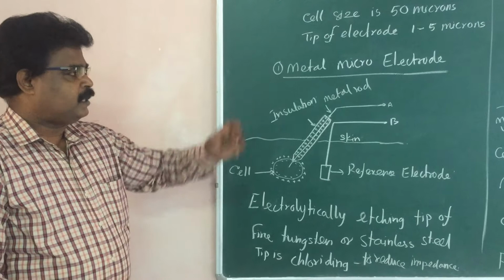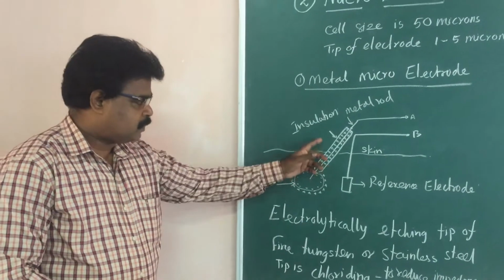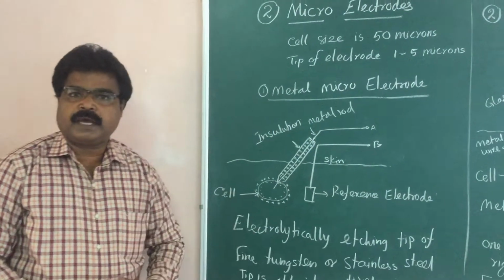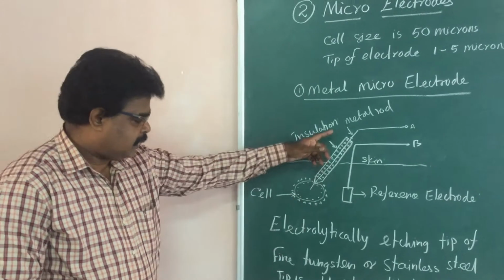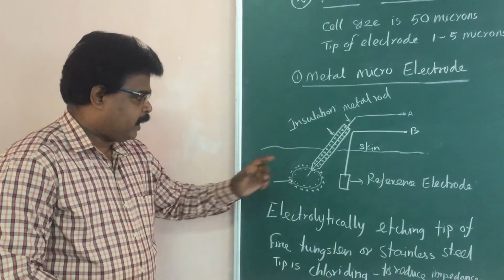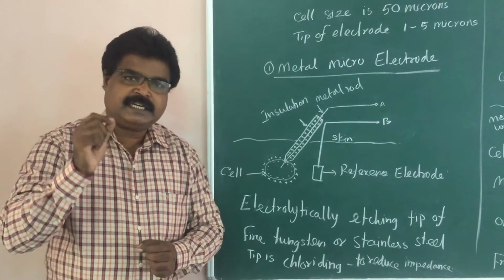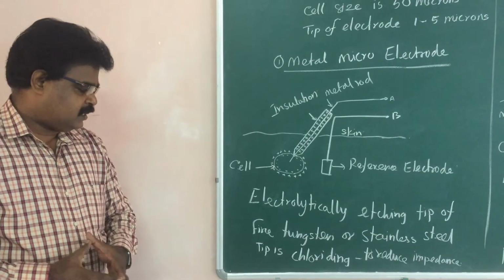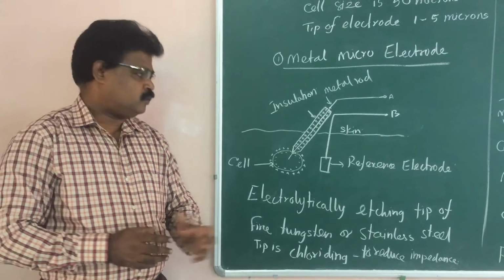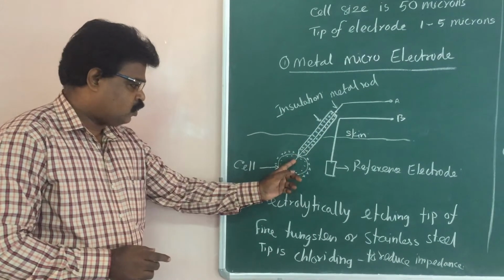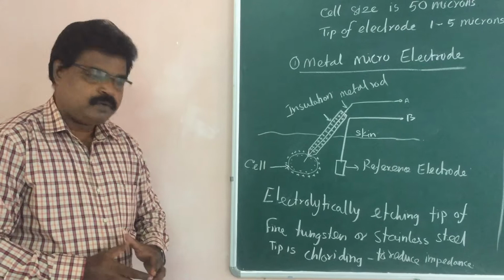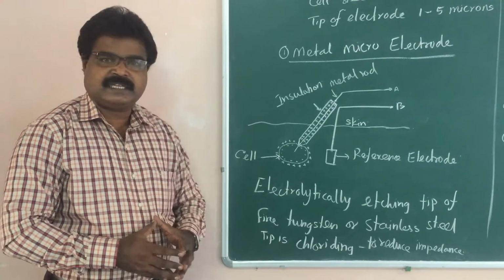This is the diagram of the metal microelectrode. Centrally there is a metal wire, an electrolytically etched tip of fine tungsten or stainless steel.